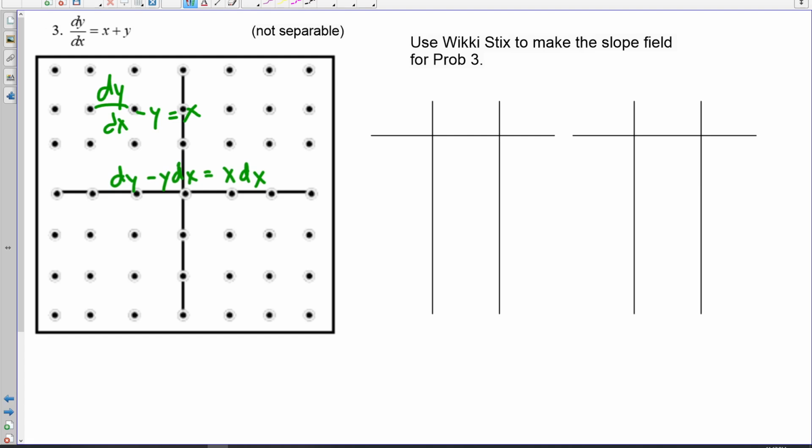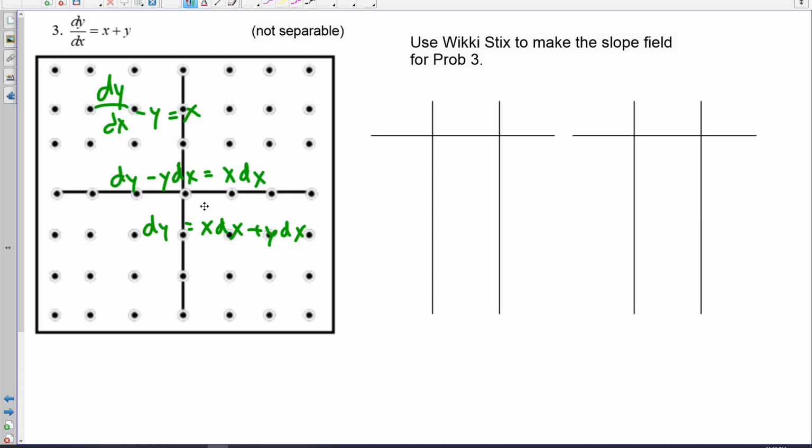And so now I have this expression here with the y and dx. So if I move that to the right, because it has an x in it, now I've unfortunately also moved the y to the right. There's no way to separate this problem. It's a non-separable differential equation.